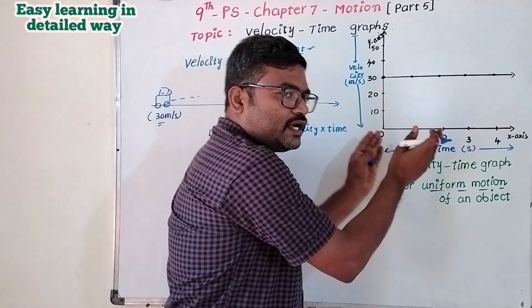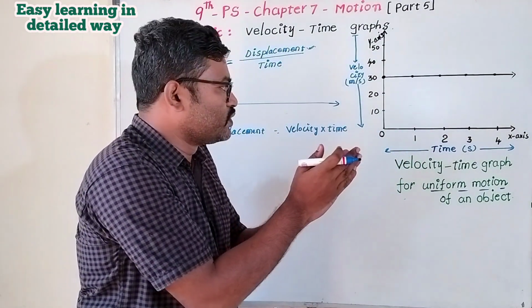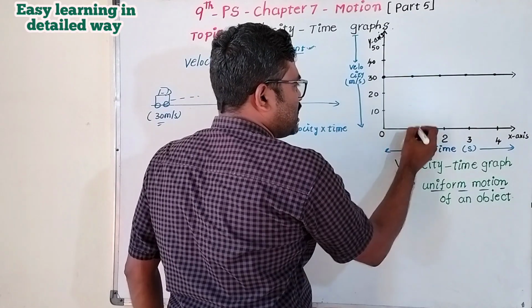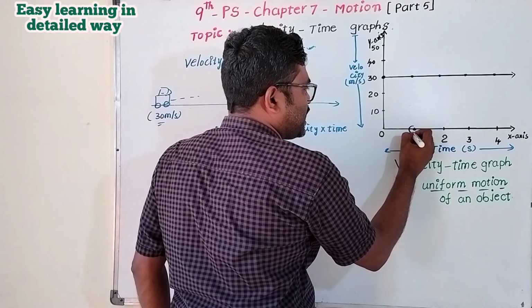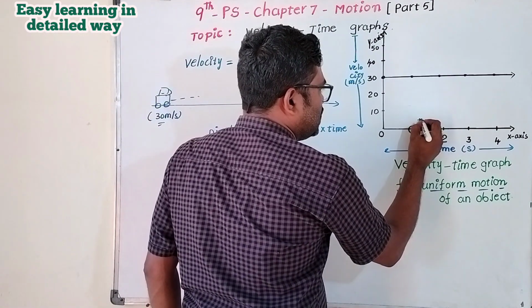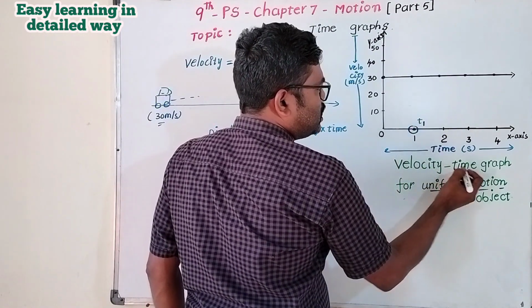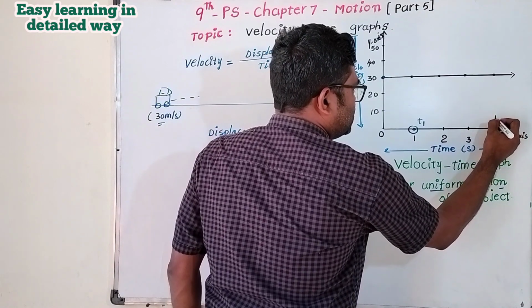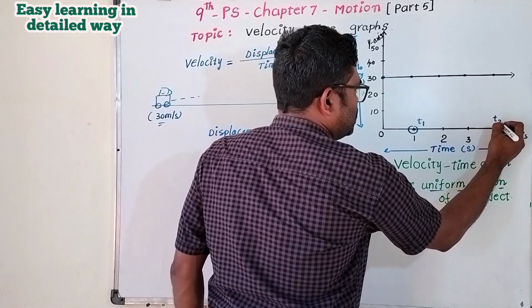Taking a particular time interval, for example from the first second, let this be t1, to the fourth second, let this be t2.